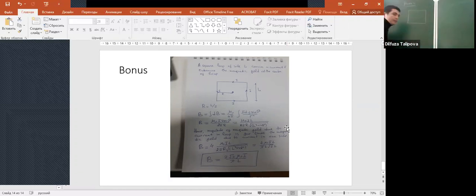Each side is equal to the others: L, L, L, and L. You should find the magnetic field at the center of the loop, the B. The radius of the circular coil is equal to R, so R is equal to L divided by 2.